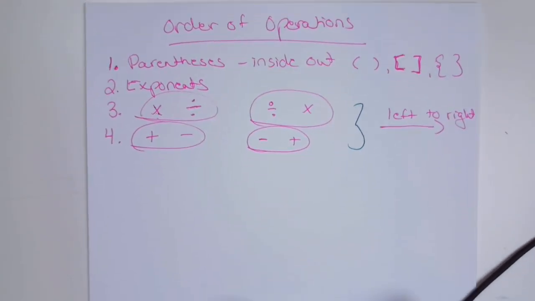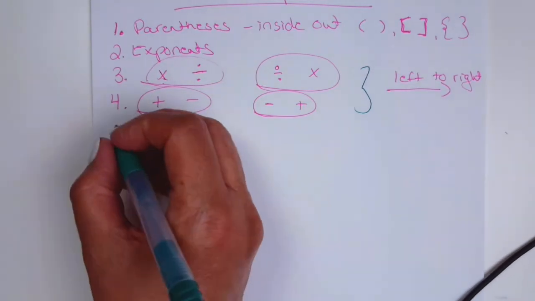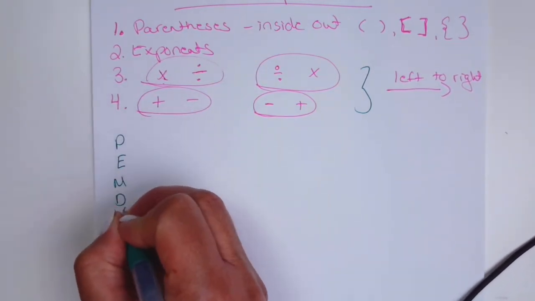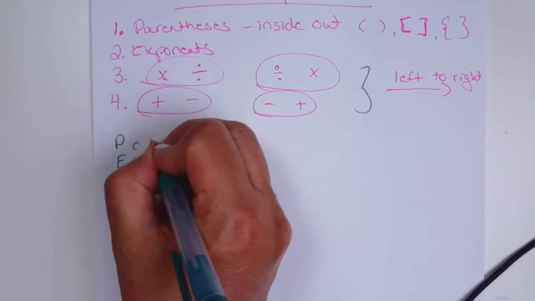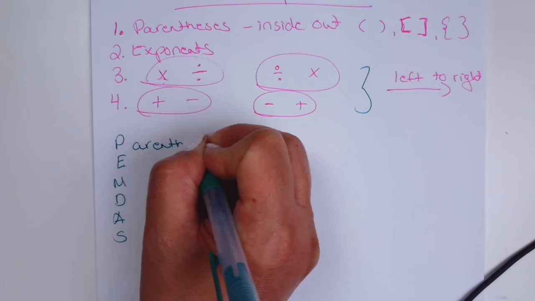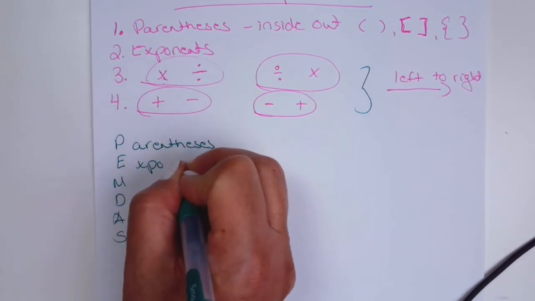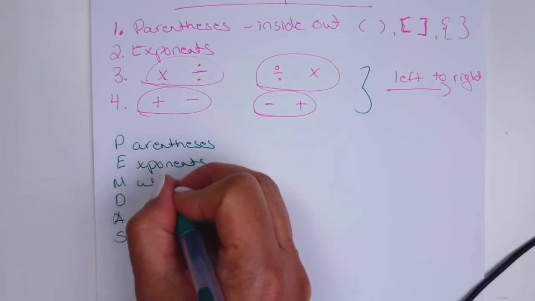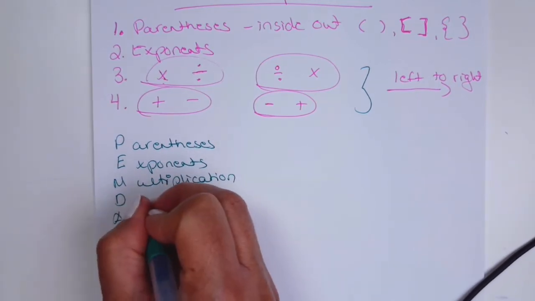You might have heard of something called PEMDAS, which is kind of a memory trick for this, but you do need to be careful with it. So PEMDAS meaning parentheses. So parentheses first. E as in exponents. M as in multiplication. D as in division.